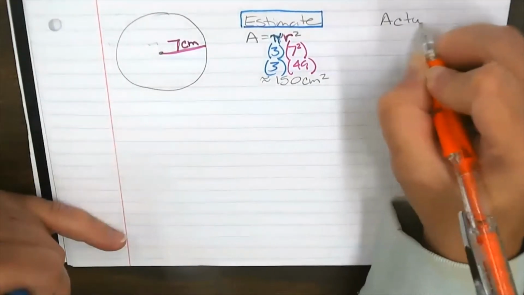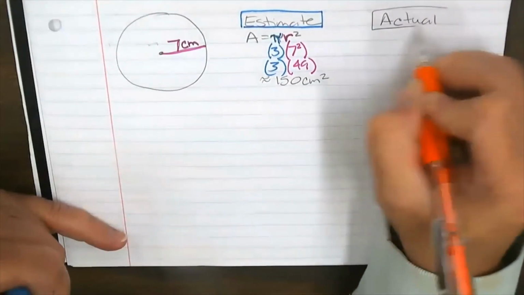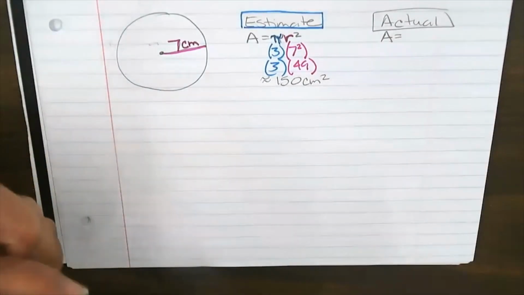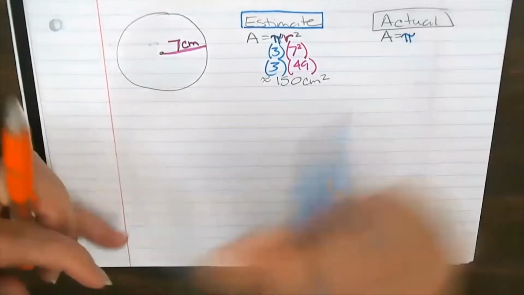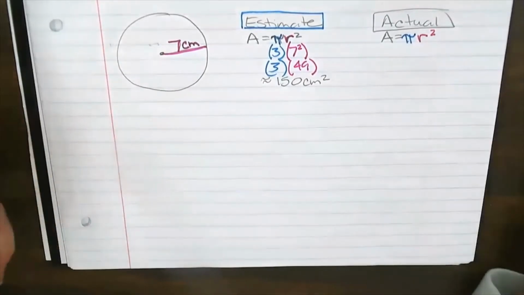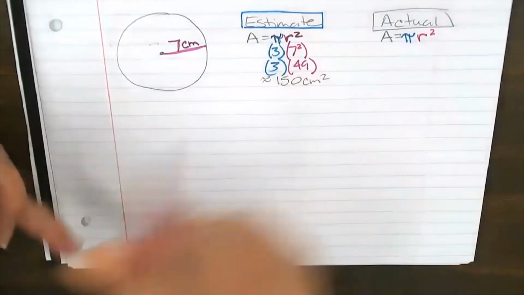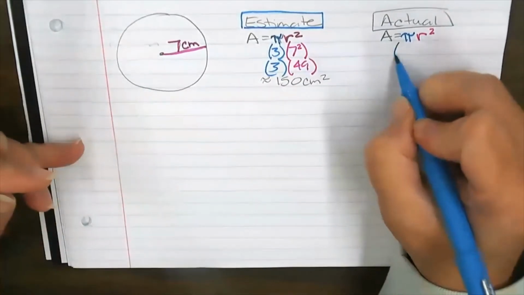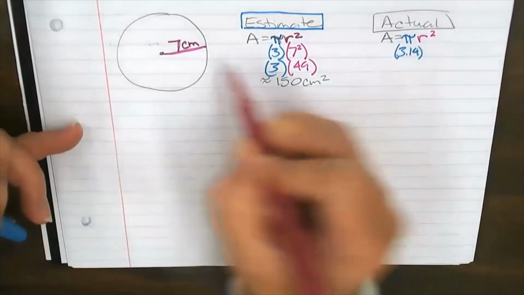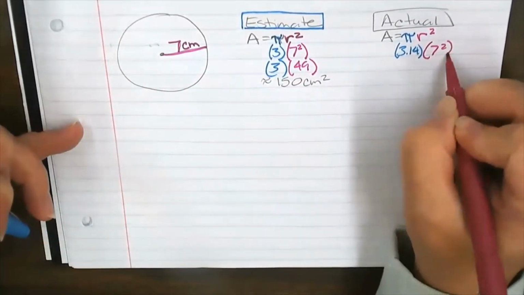Now let's do the actual. Area is equal to pi times the radius squared. Okay? So for pi, we're going to use actual pi, 3.14, and the radius is going to be 7 squared.